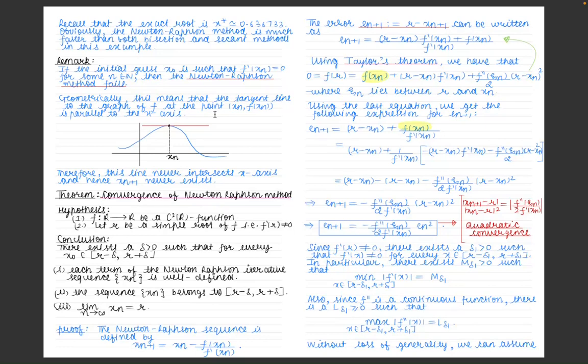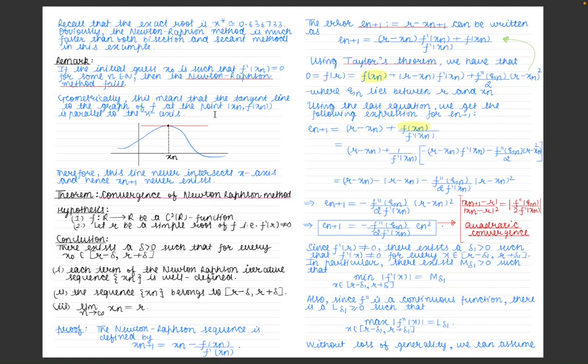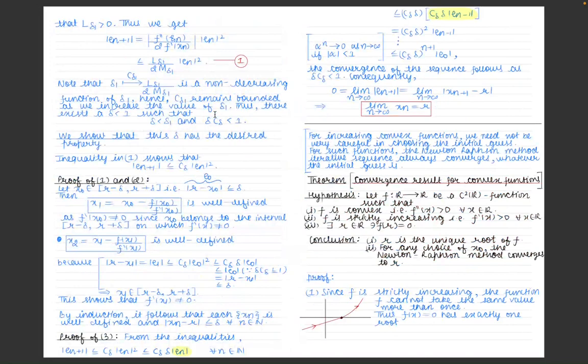So thus we get, you remember mod of En plus 1 we have already computed. It is this quantity in the rectangular box. So it will be mod of f double prime zeta n by 2 times mod of f prime of x n times mod of en square.